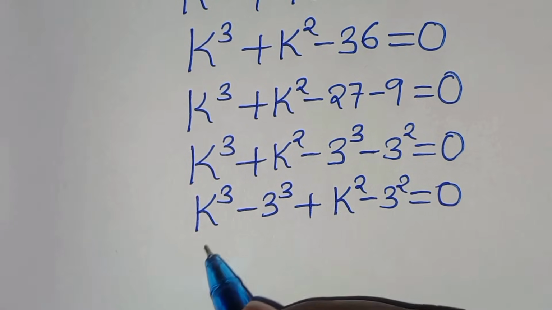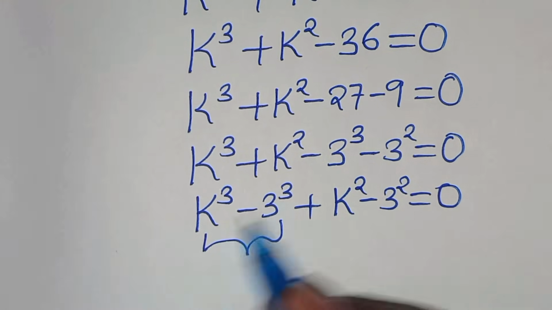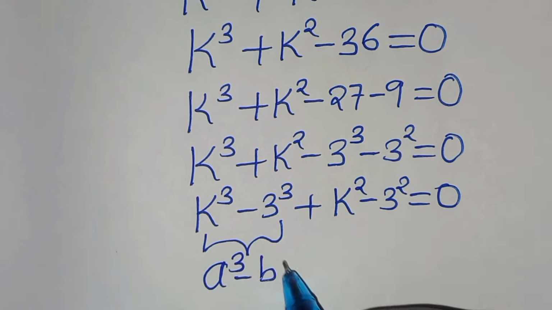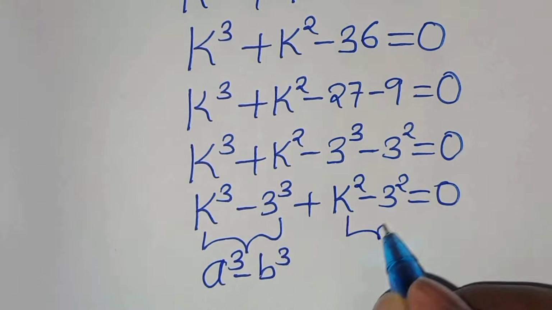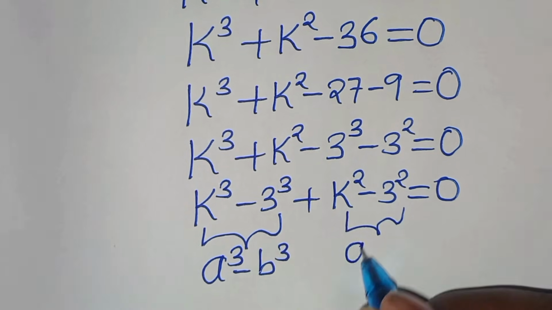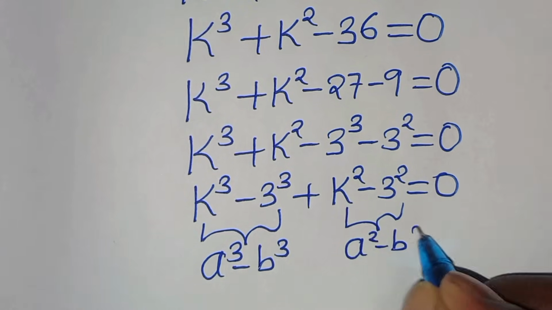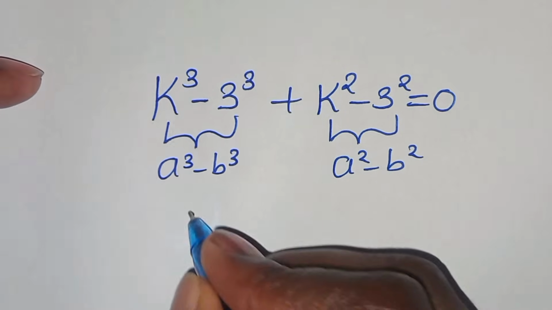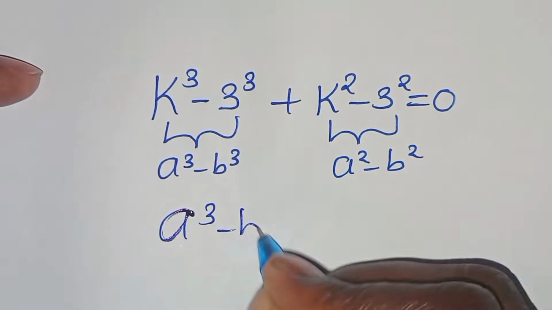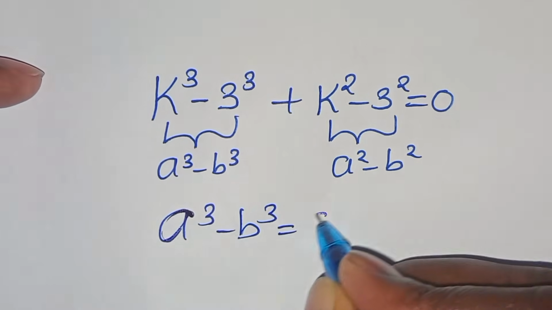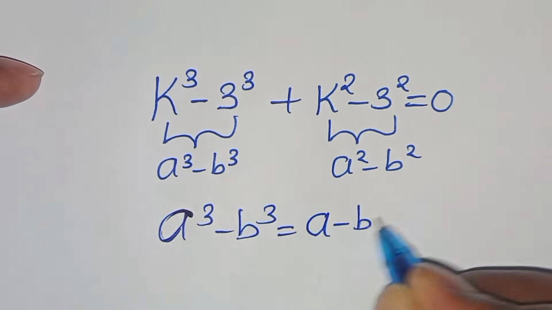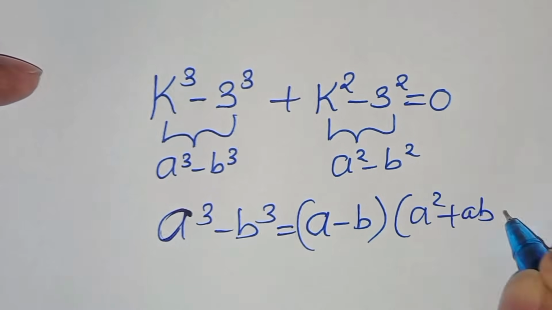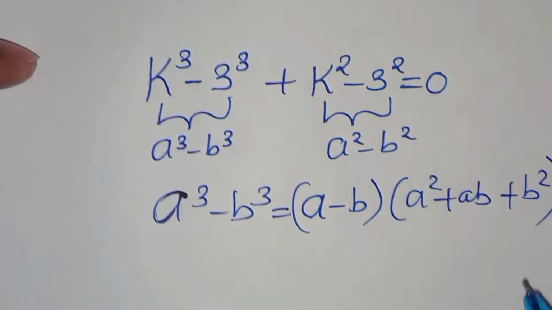So we have got two parts here. This is the difference of two cubes expressed as a to the power of 3 minus b to the power of 3. This is the difference of two perfect squares expressed as a squared minus b squared. A to the power of 3 minus b to the power of 3 can be expressed as a minus b times a squared plus ab plus b to the power of 2.